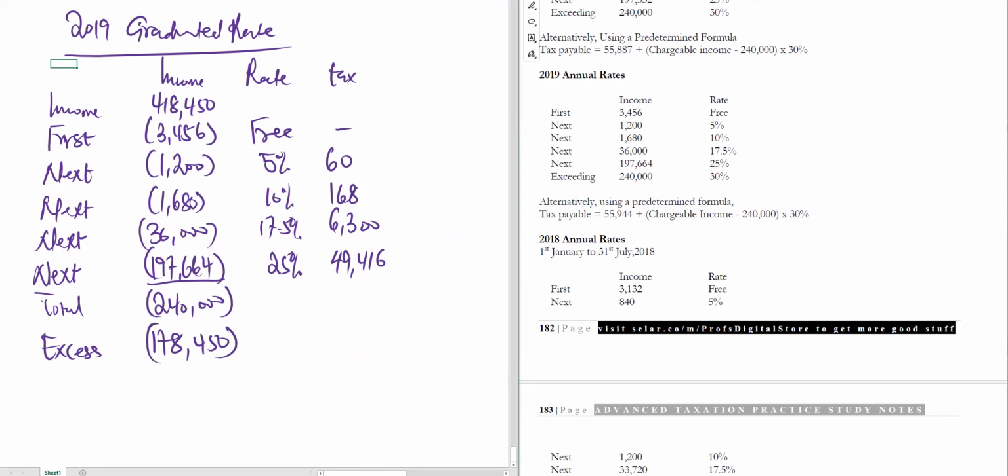Okay, so this one we can tax at 30%. What do you get? 53,535. Okay, so when we add all, what do we get?